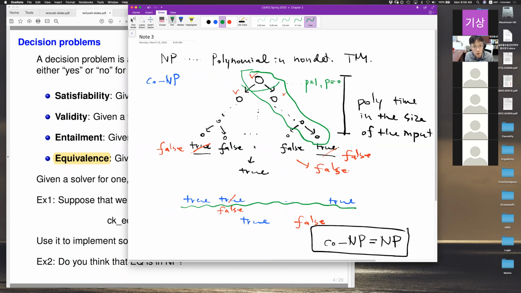Or entailment, the relationship has to be true for all the assignments and so on. So validity, entailment, equivalence all belong to the so-called co-NP class. They are co-NP problems, because the specification of the problem really involves looking at all the possible assignments to the propositional variables and making sure they all satisfy a certain specification.